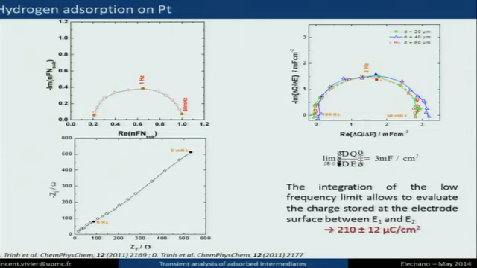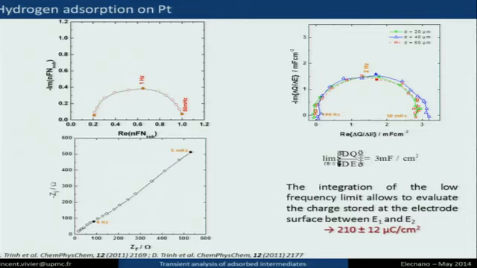Here, as you can see, we get a semicircle indicating that we have adsorbed species at the interface. This time constant is about 1 Hertz, and we cannot obtain it directly from the impedance measurement. If we have a look at the capacitance plot, we have the relaxation time constant, and we can evaluate here 3 millifarad per square centimeter with a low frequency limit.